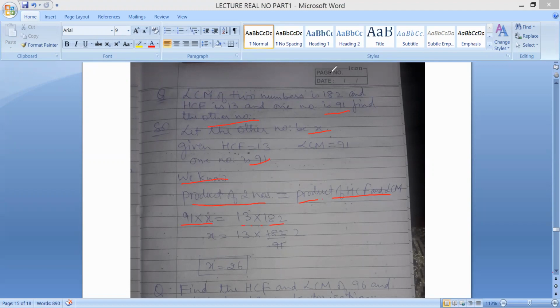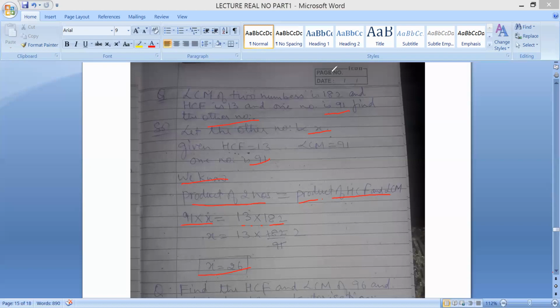X equal to 13 into 182 upon 91, and 91 will go in 182 2 times. So you have cancelled, and 13 into 2 is 26. So the other number will be 26. What is X? The other number is X, and X equal to 26.